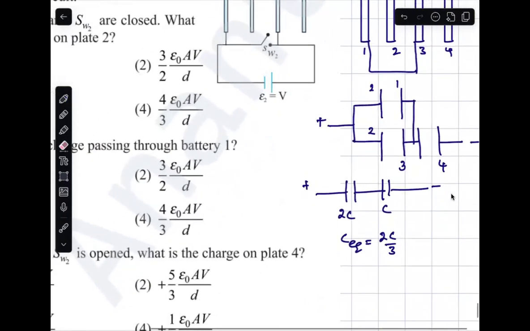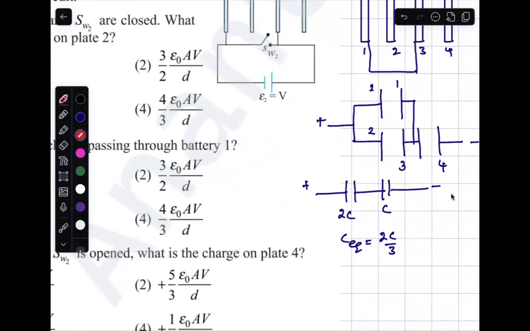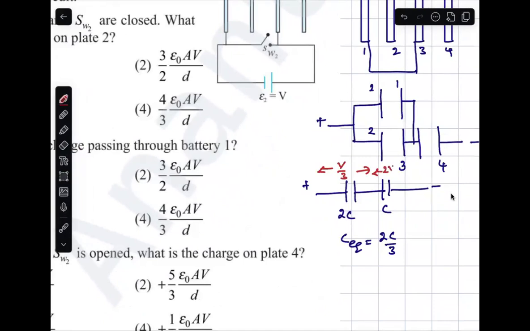Therefore, what about the potential drops? V by 3 and 2V by 3. Because capacities are in the ratio 2:1, potential differences are in the ratio 1:2. So therefore, V by 3, 2V by 3.